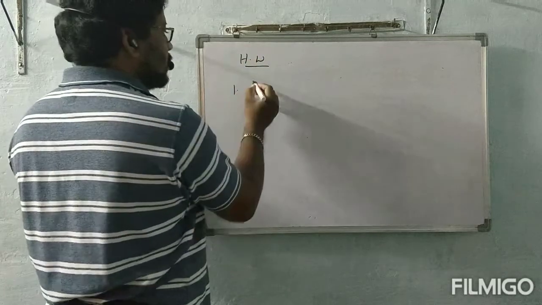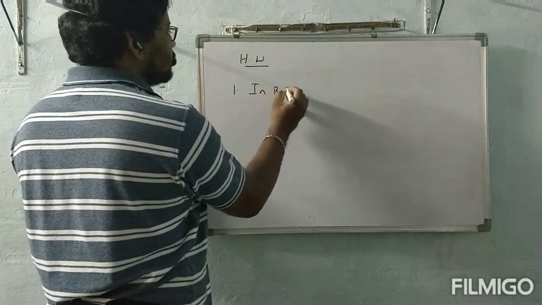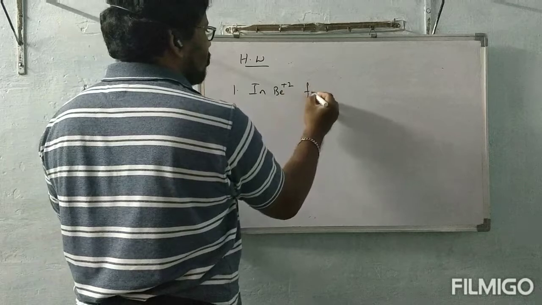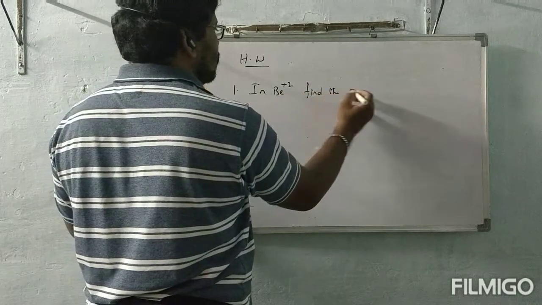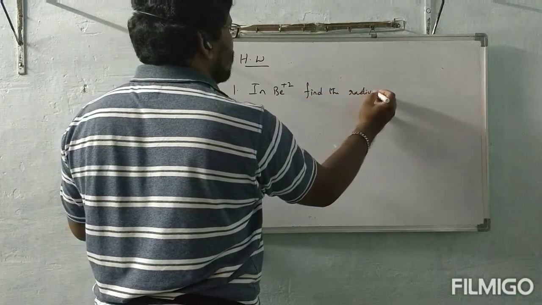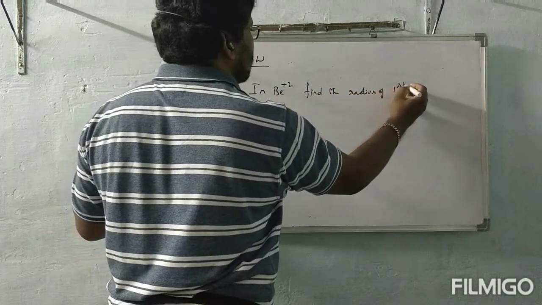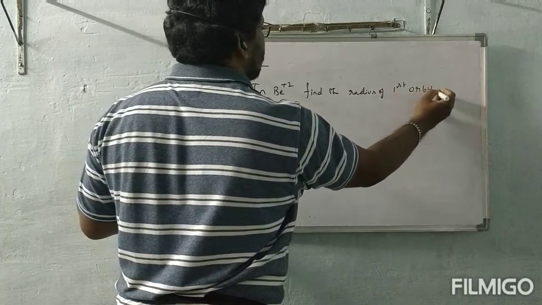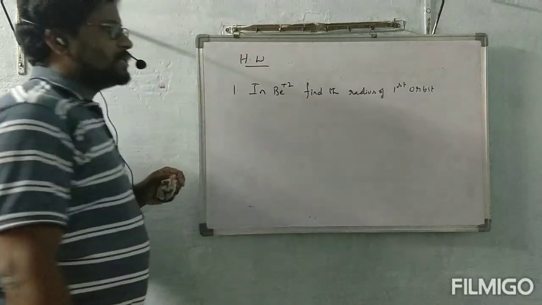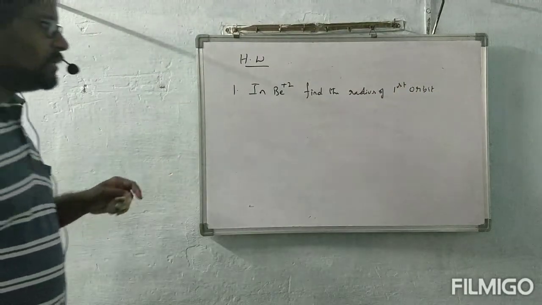First one: in Be plus 2, find the radius of first orbit.